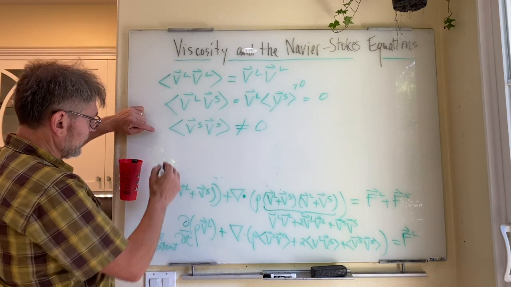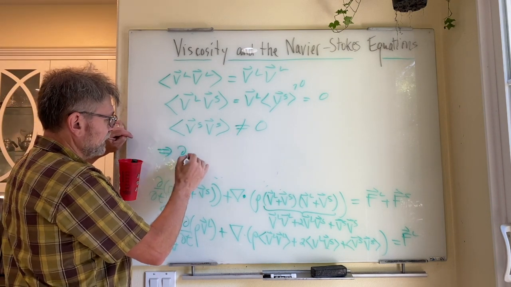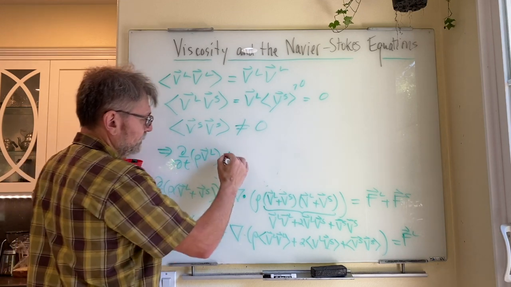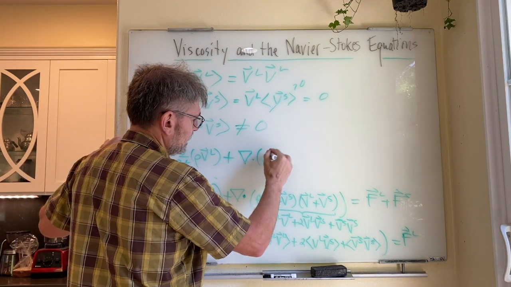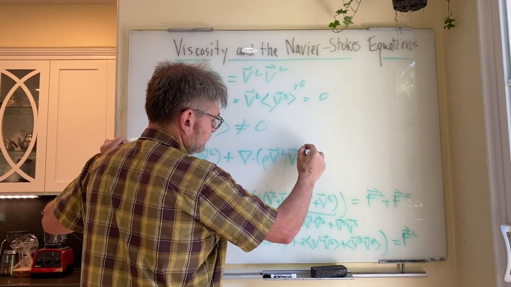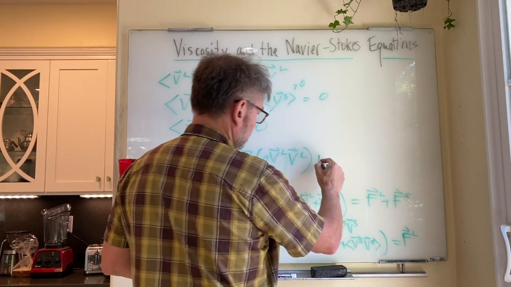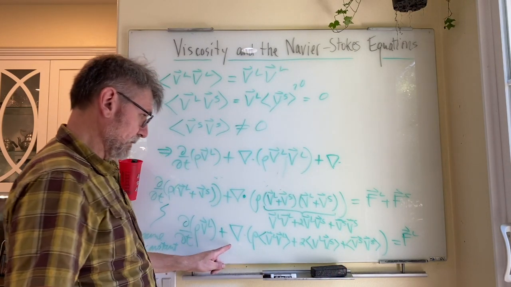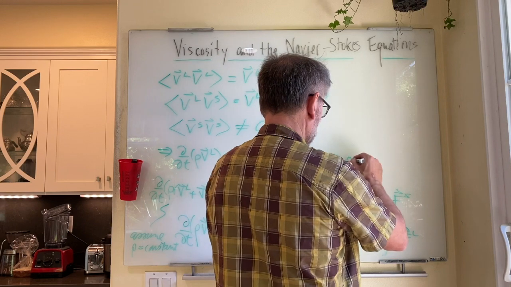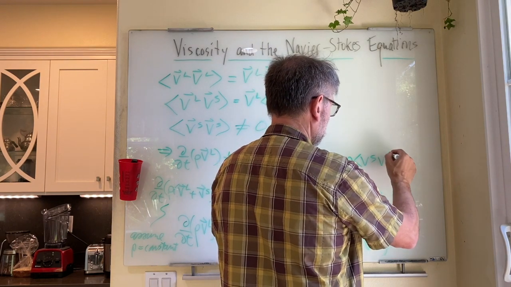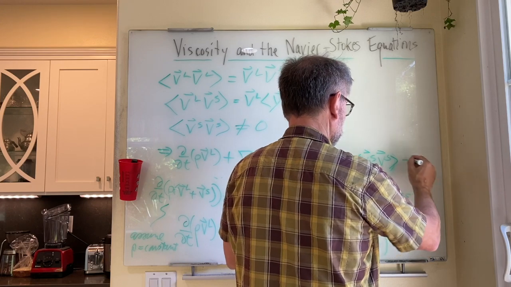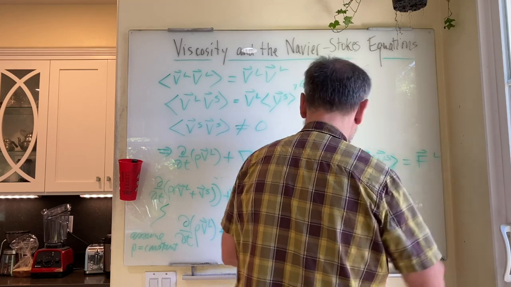And then if I put that substitution, the equation becomes d by dt of rho VL, the large scale momentum, plus the divergence of rho VL VL, plus the divergence of this one, the first vanished, this one I have here, and left with that one, of rho VS VS, equals F at large scales.